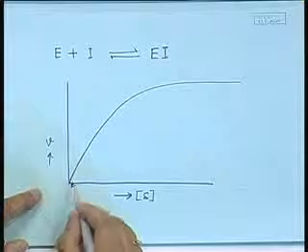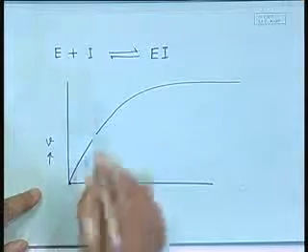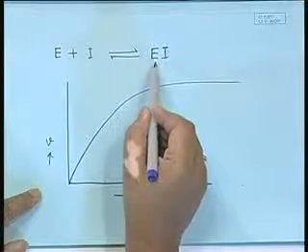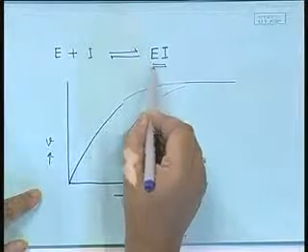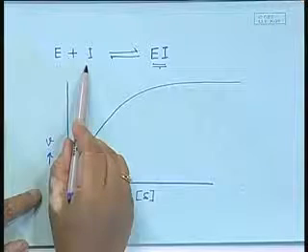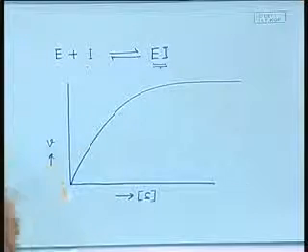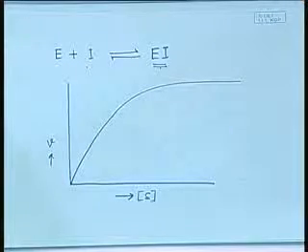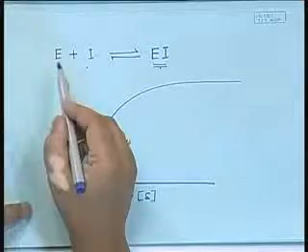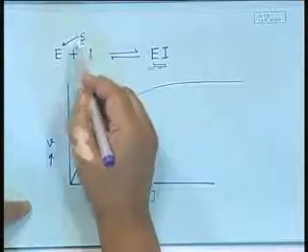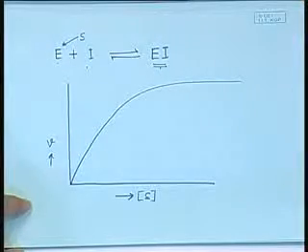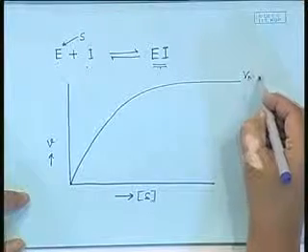Since I have an equilibrium here, the enzyme inhibitor complex also dissociates to the enzyme and the inhibitor. So, once the enzyme is available again, the substrate can form the enzyme substrate complex. So, this is my Vmax.